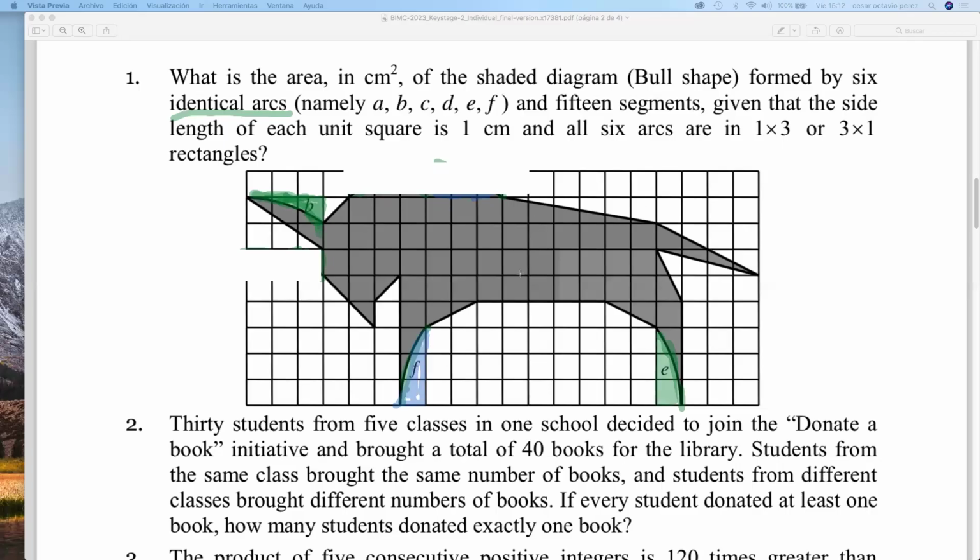Okay. So we are going to count, for example, if we put this from here to here, we move this from here to here. We are going to count this.